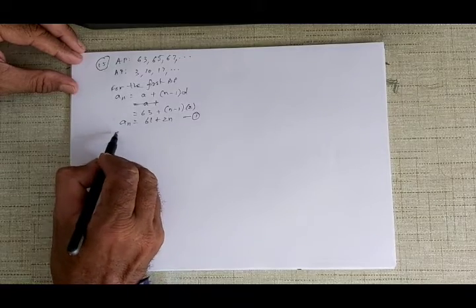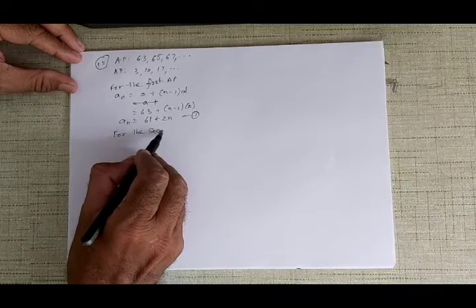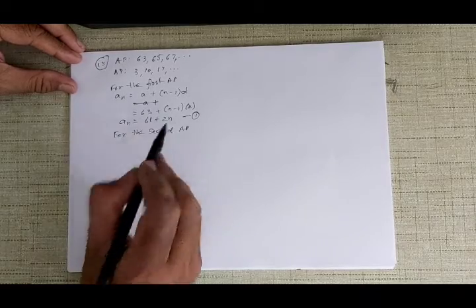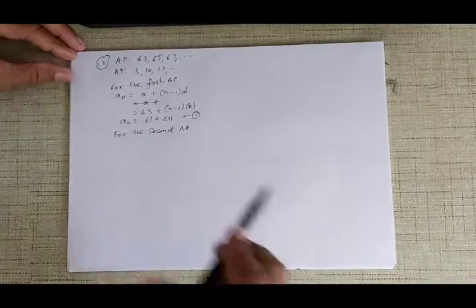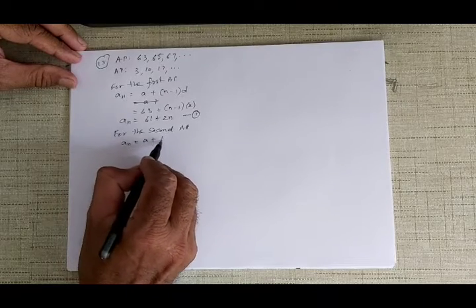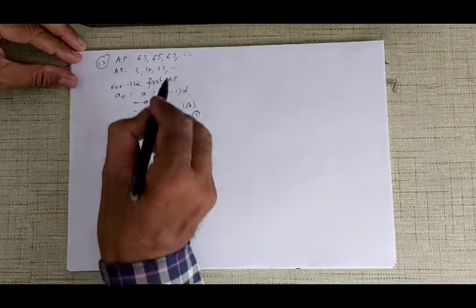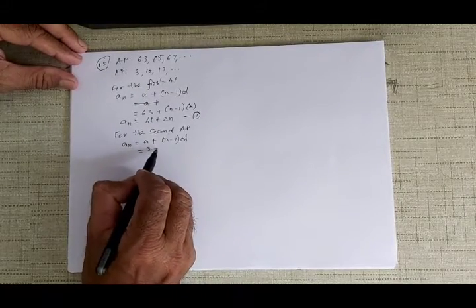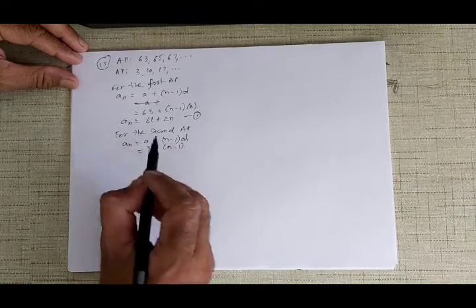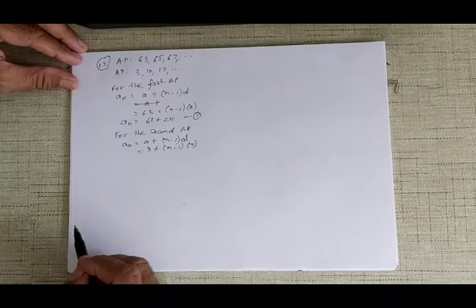For the second AP, the nth term will be a plus n minus 1 into d. That is equal to a, which is 3, plus n minus 1 into d. 10 minus 3 is 7, so d is 7.